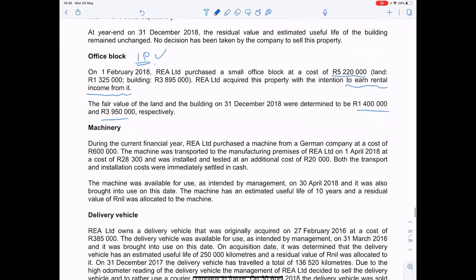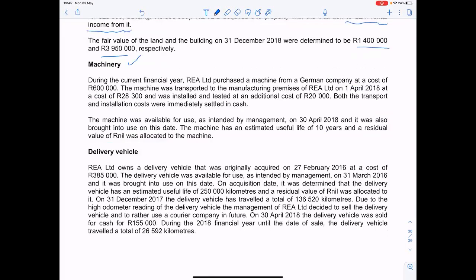Then we have got machinery. During the current financial year, Ria purchased a machine from a German company at a cost of 600,000. The machine was transported to the manufacturing premises of Ria on 1 April 2018 at a cost of 28,300.